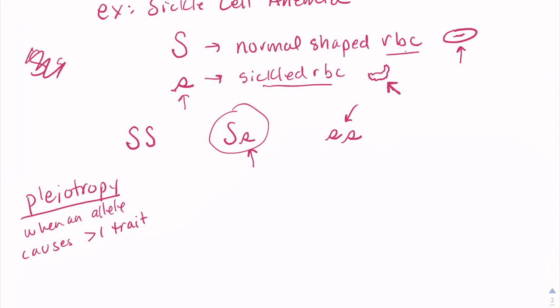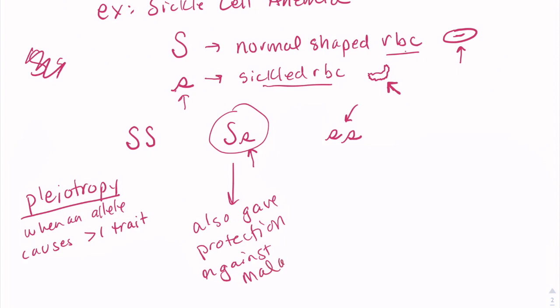Being heterozygous gave you a lot of protection against developing malaria, a disease caused by a protozoa and transmitted through mosquitoes that are only prevalent in certain parts of Africa. So it was evolutionarily advantageous to be heterozygous for the trait.